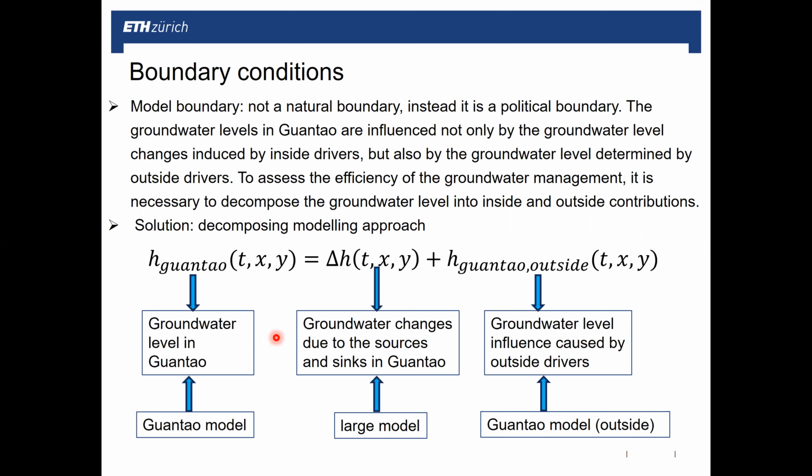And I still like to compare the aquifer with this bank account, which Wolfgang introduced on Monday. When the aquifer has a non-natural boundary, it is like you have a shared account with someone else.